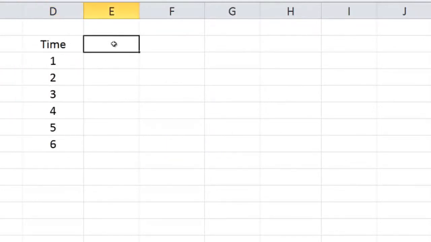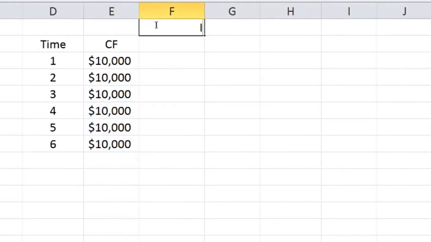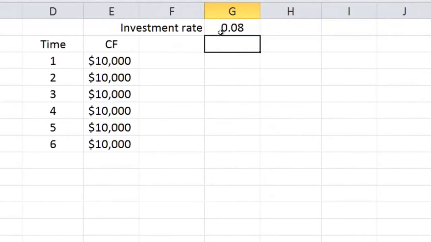Say we have 6 periods. Each period we're going to put $10,000 away. We're saving for retirement. And we have an investment rate of 8%. So first, let's do it the old-fashioned way, calculate our future values.